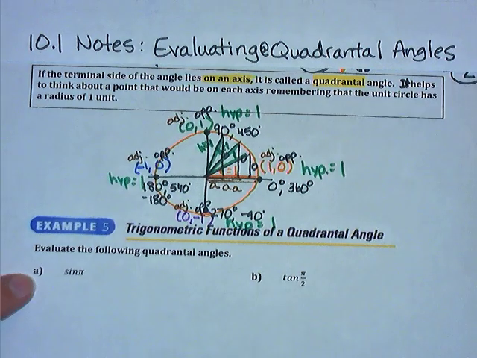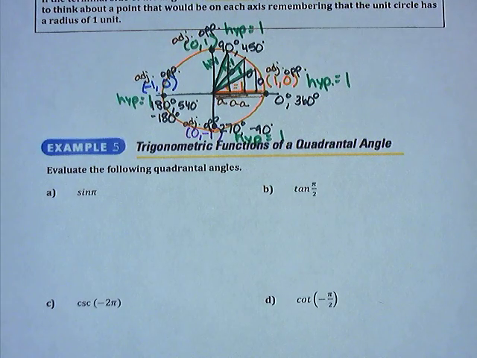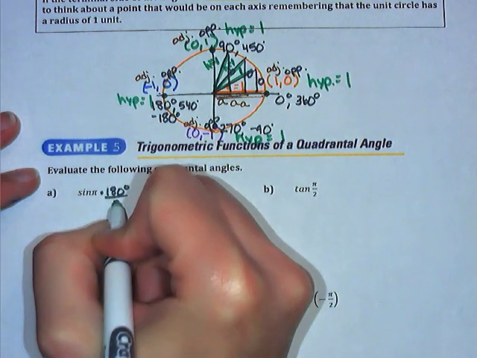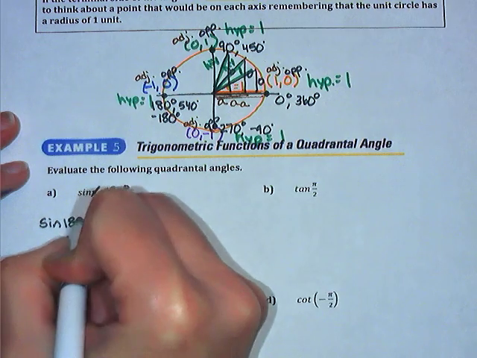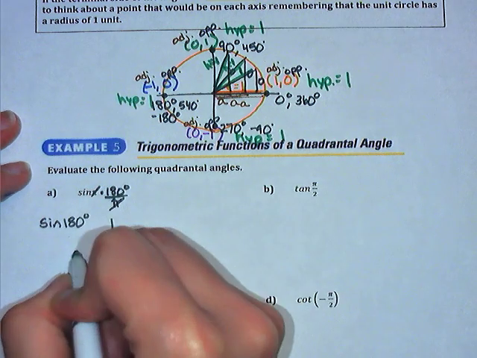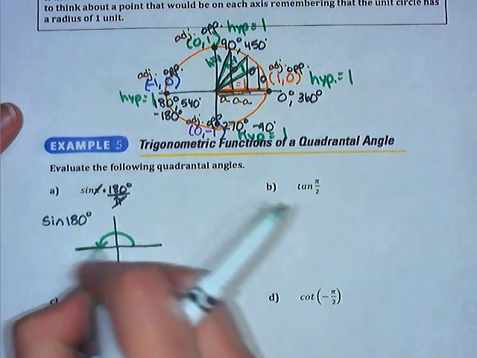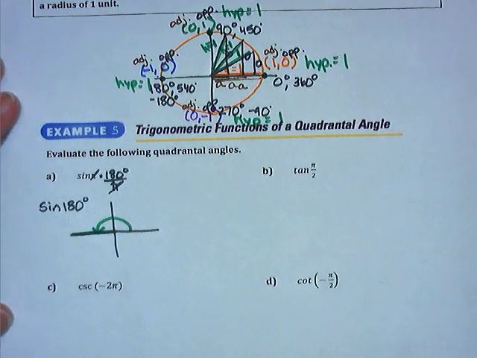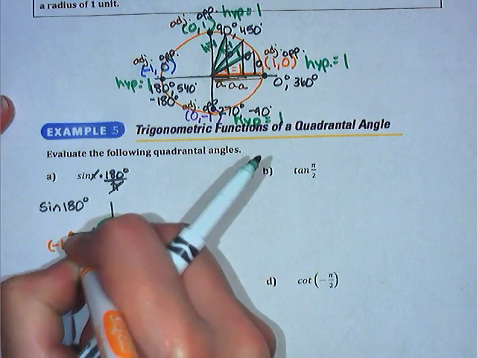So like down here, if I wanted the sine of pi, we know that pi is 180 degrees. Well, 180 is right there. So it doesn't really make an angle. In this case, that's where you figure out what the point is. So right here, you're going left, negative 1, 0.